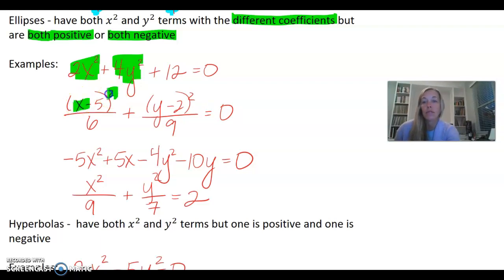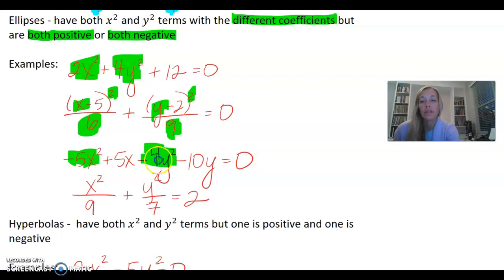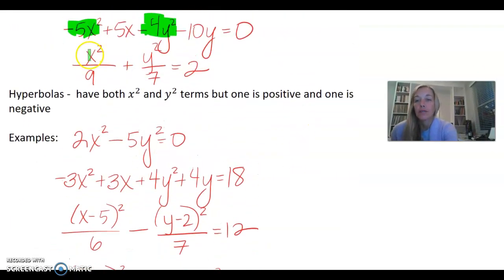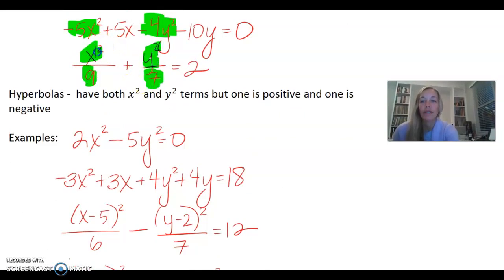Same idea here: 2 squared terms, coefficients are different if you were to expand it, both positive. This guy's got 2, one's a -5 and one's a -4, so that means it's an ellipse. And then one more: 2 squared terms, one has 1/9 and one has 1/7 as its coefficients.